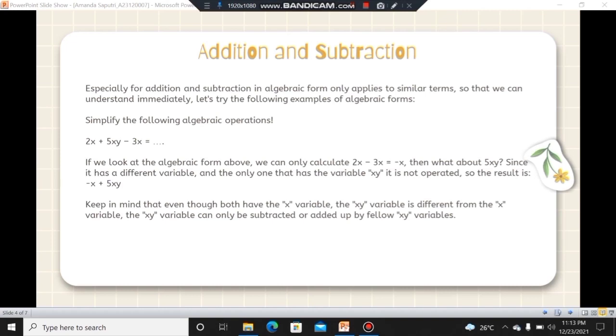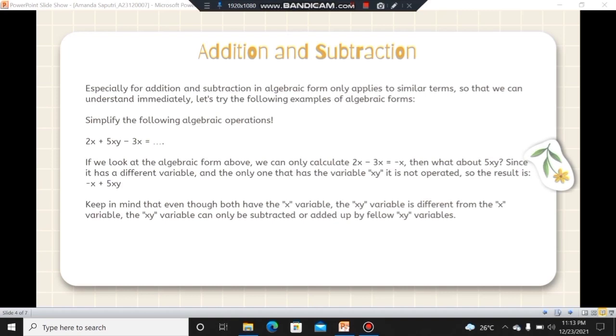If we look at the algebraic form above, we can only calculate 2x minus 3x, which equals negative x. Then what about 5xy?